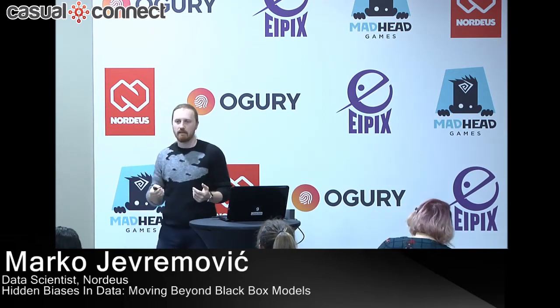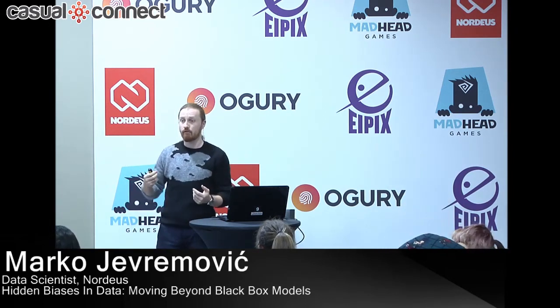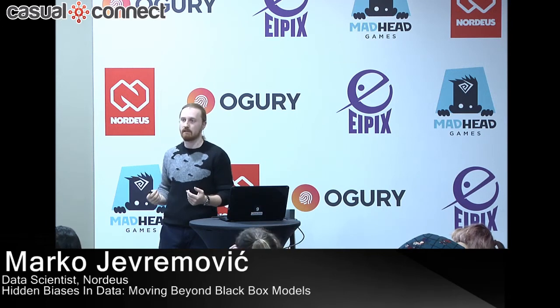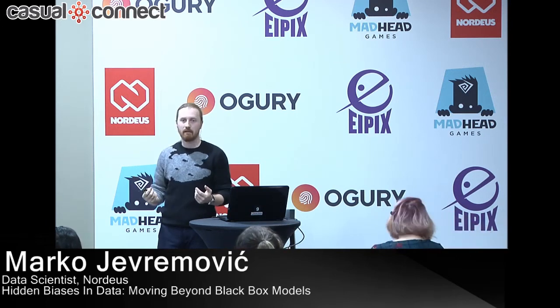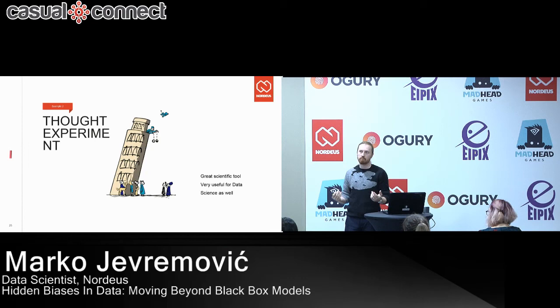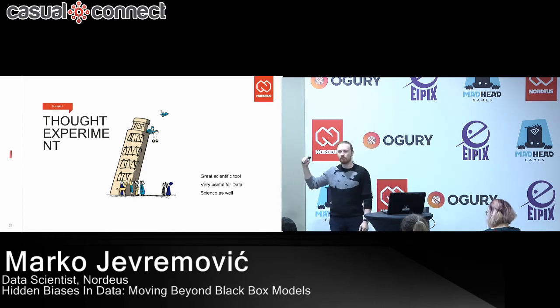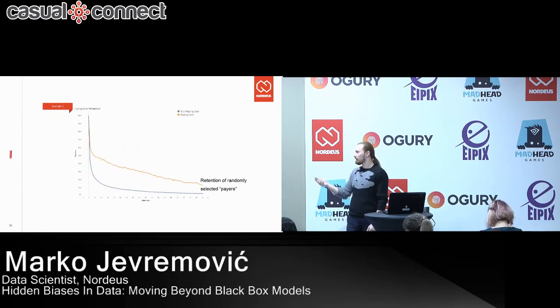And then the question is, what does the retention of people who are labeled in this way look like? You might be thinking that it's basically the same as everyone else's, but the thing is that you label them only if they're active. So you're only selecting active users, because people can't pay if they didn't log into your game, right? What you end up with is this.